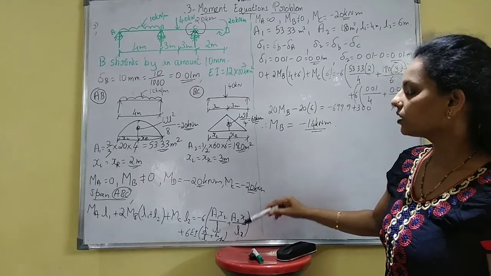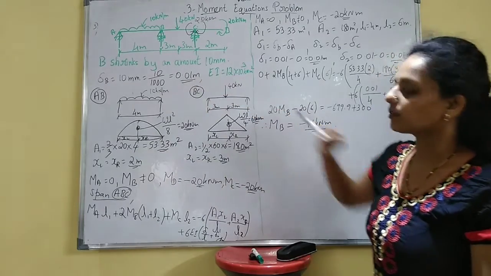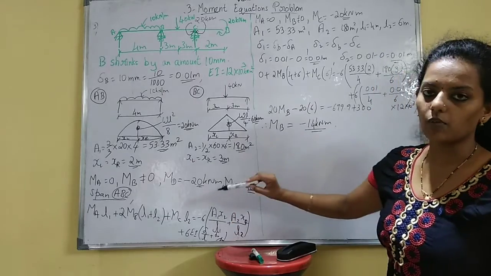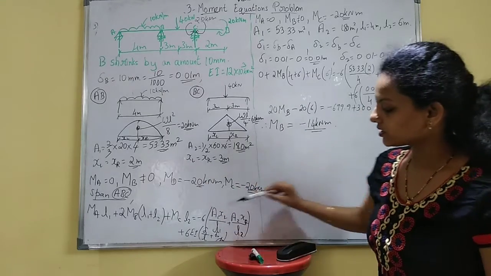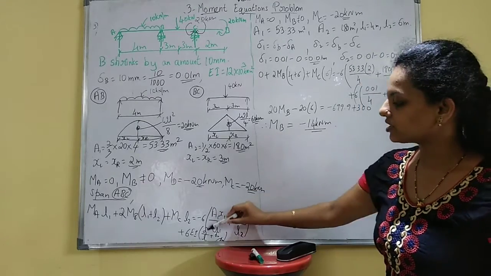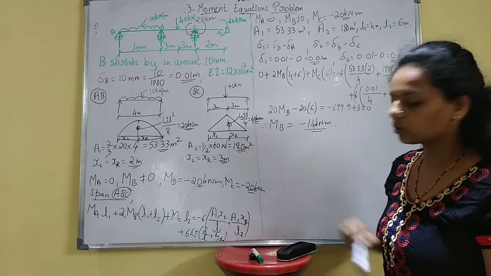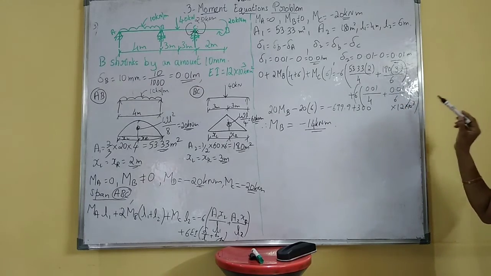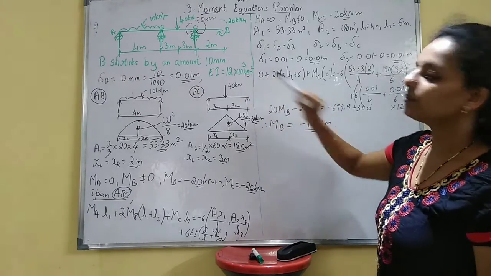Okay, I will explain once again. So here, if any settlement in the support is given, for that you have little changes in the formula. That is nothing but for the same problem, just add 6 EI times delta 1 by L1 plus delta 2 by L2. Okay. So 6 into EI is 12 into 10 power 3. Keep it in kilonewton meter square.